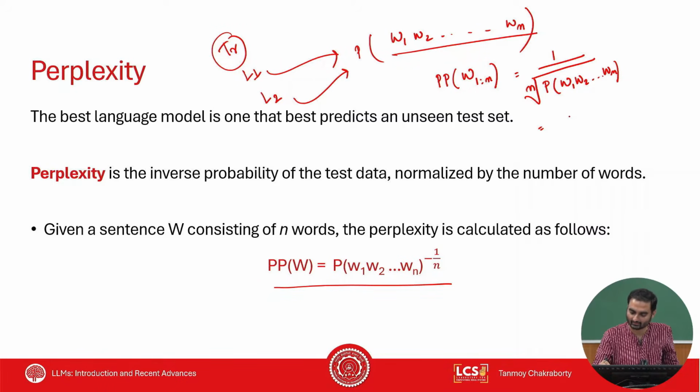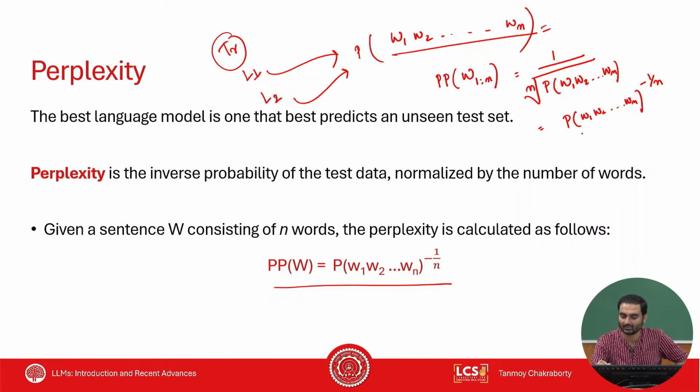This is the same as P of W1, W2 ... Wn to the power minus 1 by n. Agreed? What does it mean? If a language model produces high probability, the perplexity would be low. If it produces high probability, the perplexity would be low.